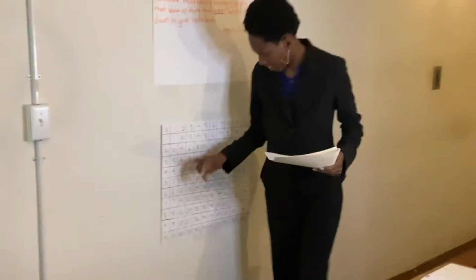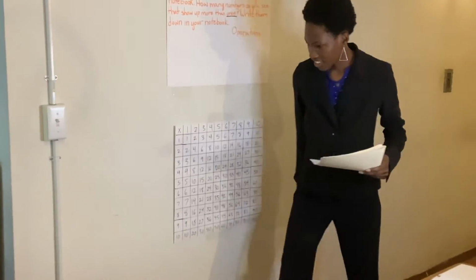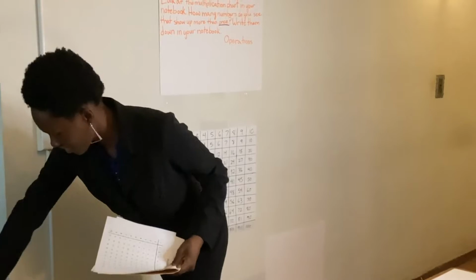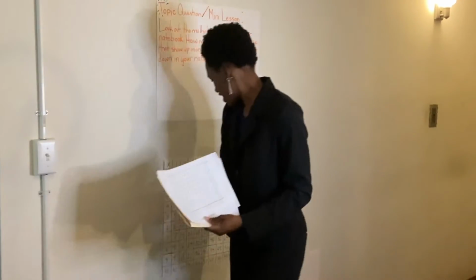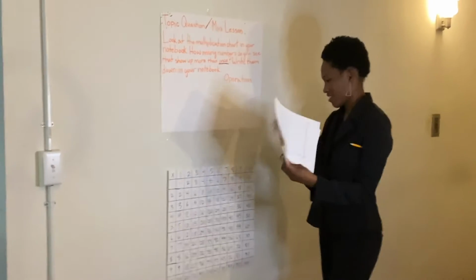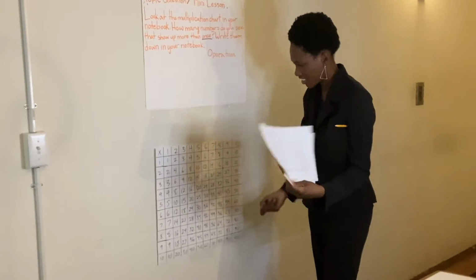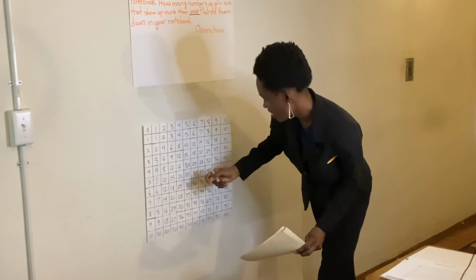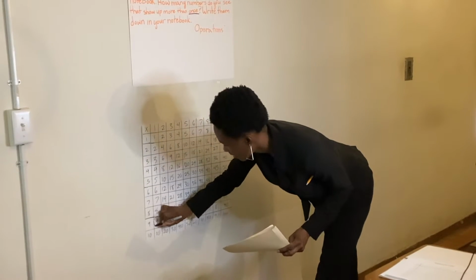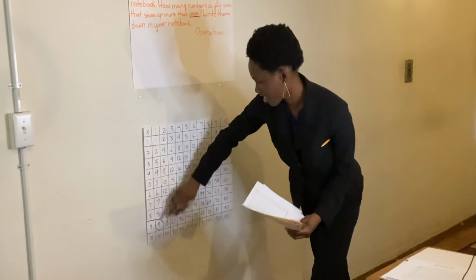So right now, I have a table here myself. This table has a graph here, all numbers. If I were to pick one, for example, let's do 9. So I'm circling the 9.